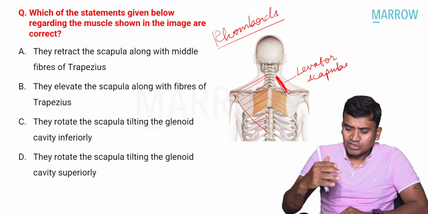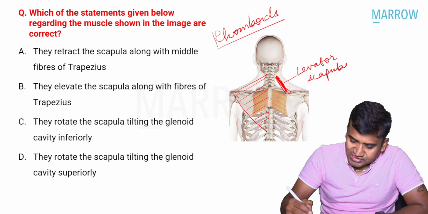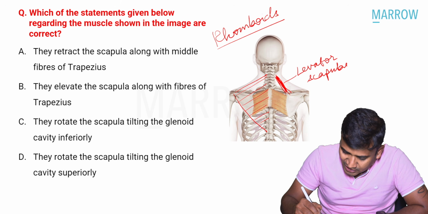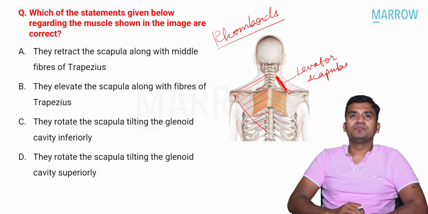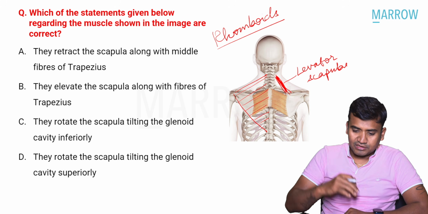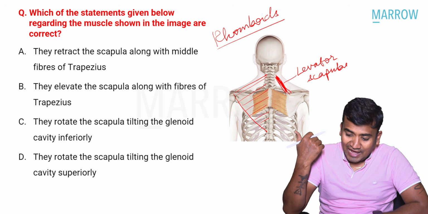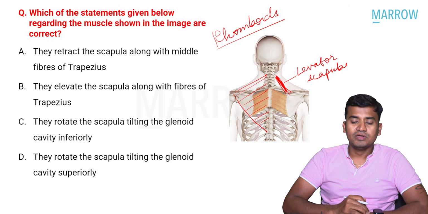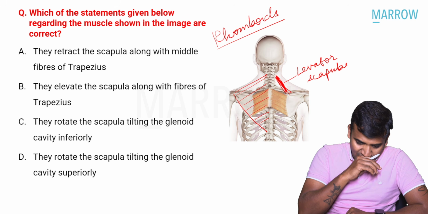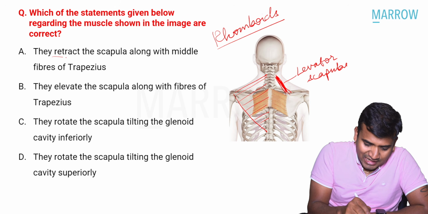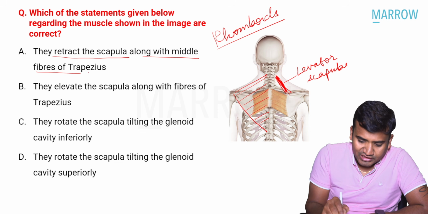On the other side, now we remove the trapezius muscle and we are seeing the levator scapulae muscle and the rhomboideus muscle. Right. Now in the question, they are asking the action of the rhomboideus muscle. We know one action: the rhomboideus muscle retracts the scapula along with the middle fibers of the trapezius muscle.